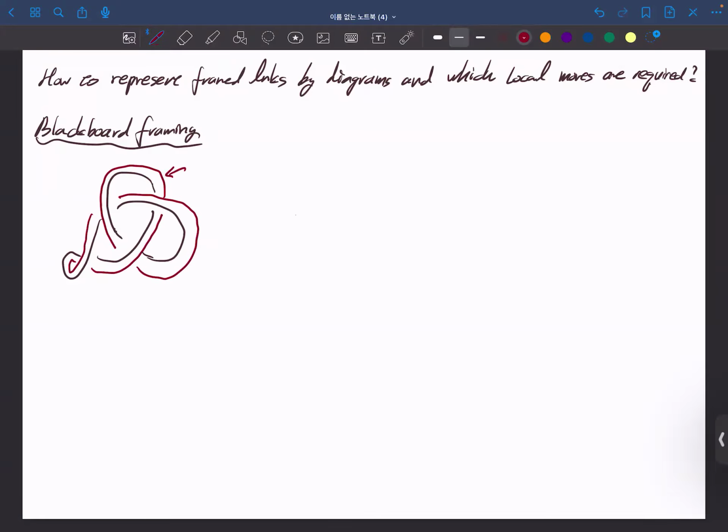Then this is called blackboard framing. Then this is related to a knot with which framing number.